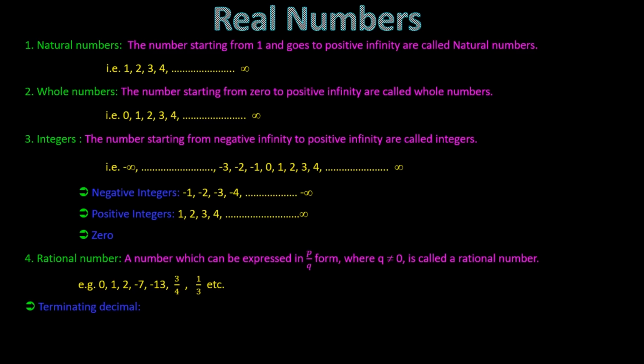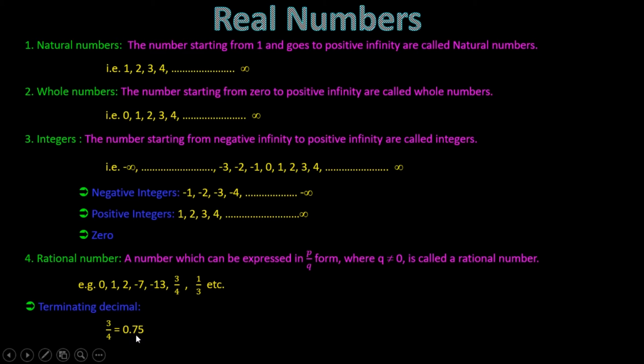All terminating decimals are rational numbers. Terminating decimal means a fraction expressed in a form like 0.75. 3 by 4 is equal to 0.75, which means after 0.75 there are no digits after 5.